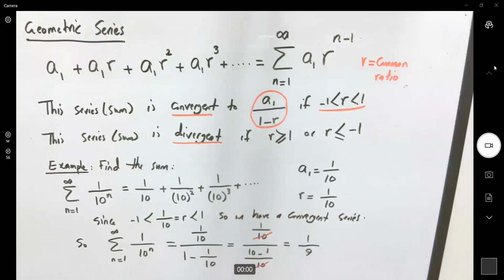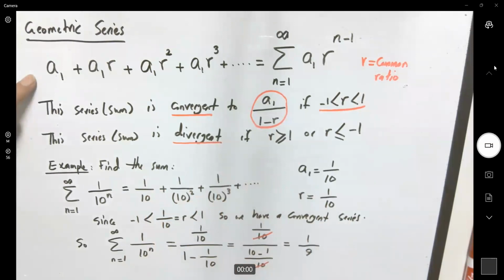So this sum, if I keep writing these numbers, 1/10 plus 1 over 100 plus 1 over 1,000 plus 1 over 10,000 and the rest of them, gets to the 4th, and then to the 5th, to the 6th. The sum is getting closer and closer to 1 over 9.